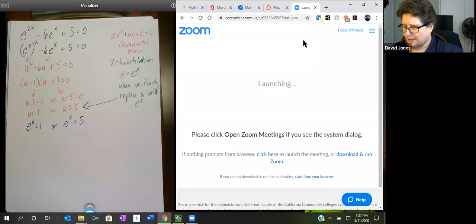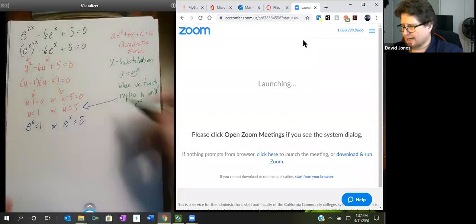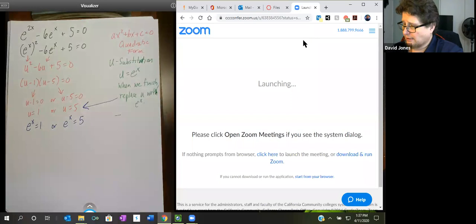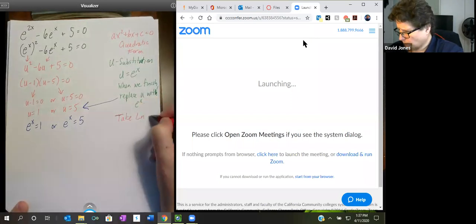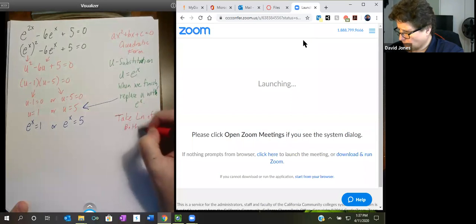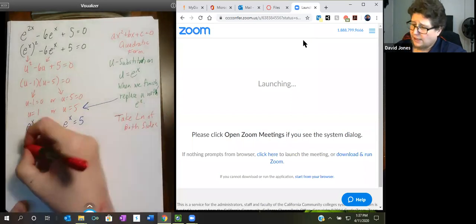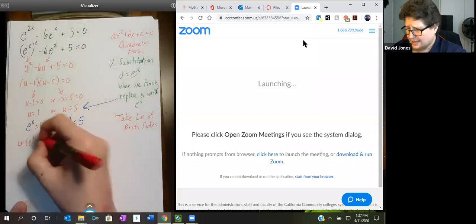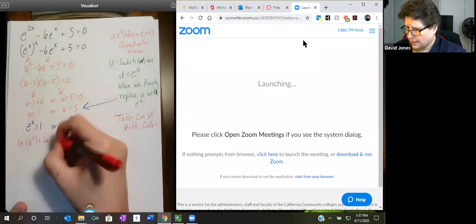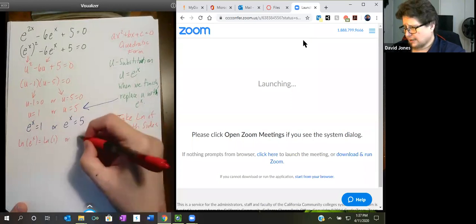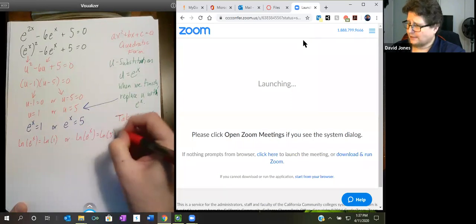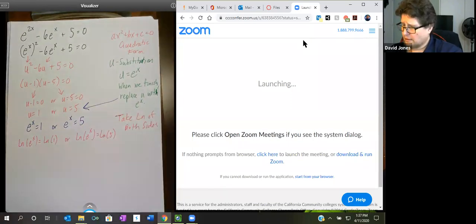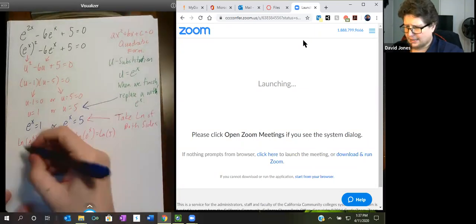Now, how do we deal with this? Well, we take the natural log of both sides. Here I have ln of e to the x equals ln of 1, or ln of e to the x equals ln of 5. The x comes out.